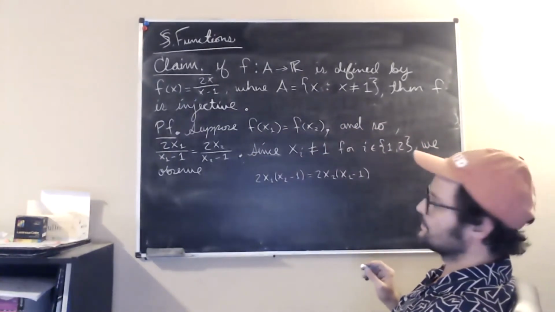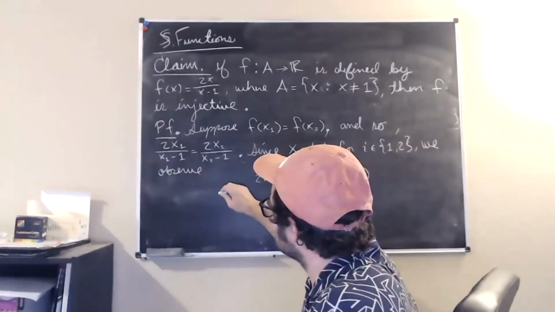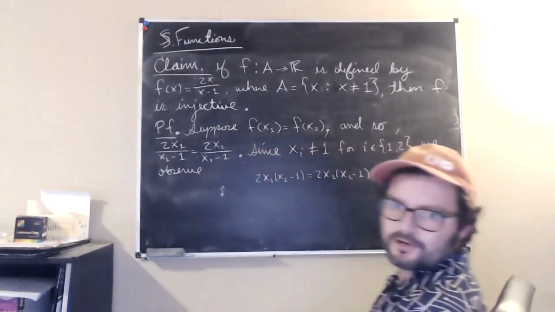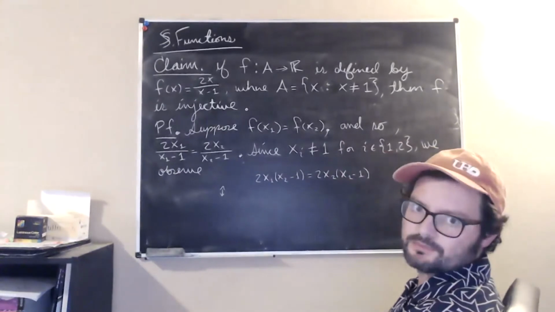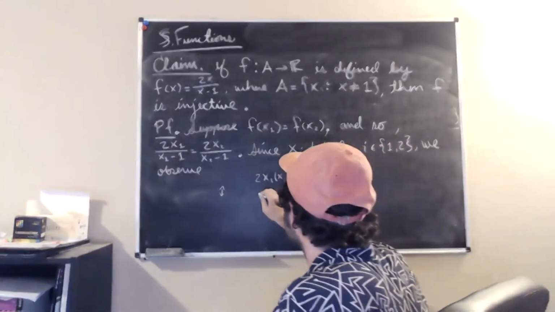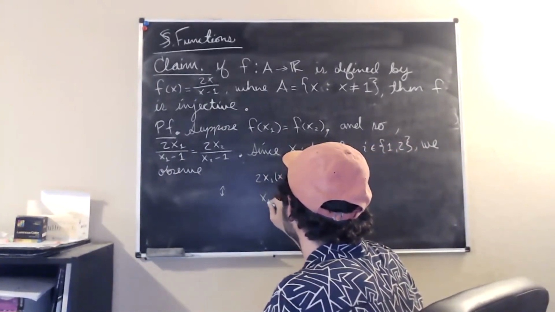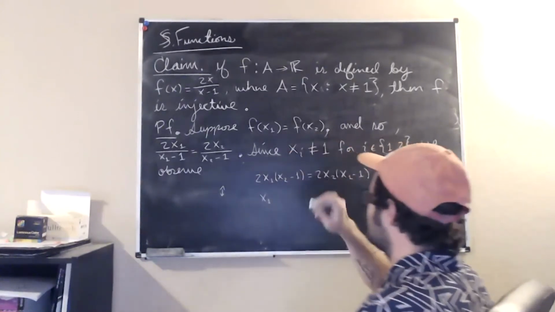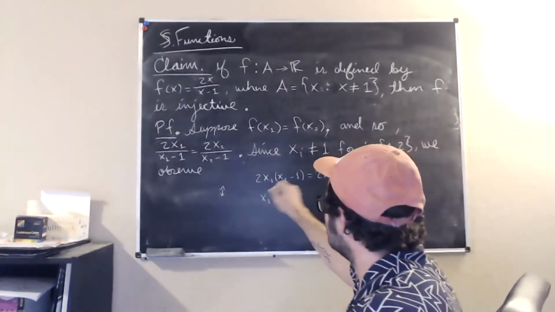And I always put these double arrows whenever an equation follows from another one. Then divide both sides by 2, and then multiply in.